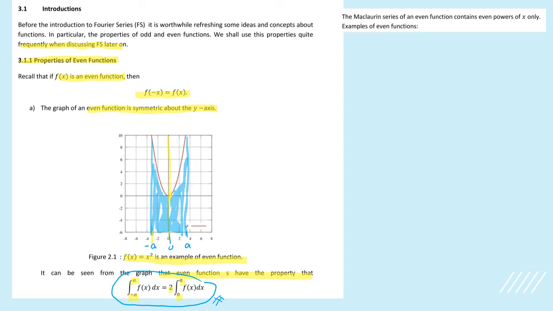Okay, the Maclaurin series of an even function contains even powers of x only. The simplest example of an even function is x squared.